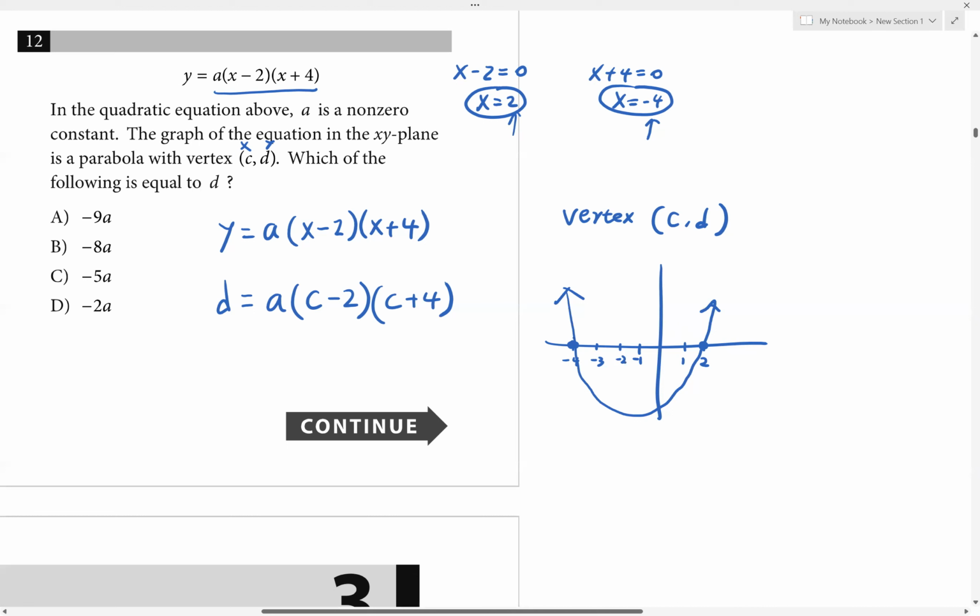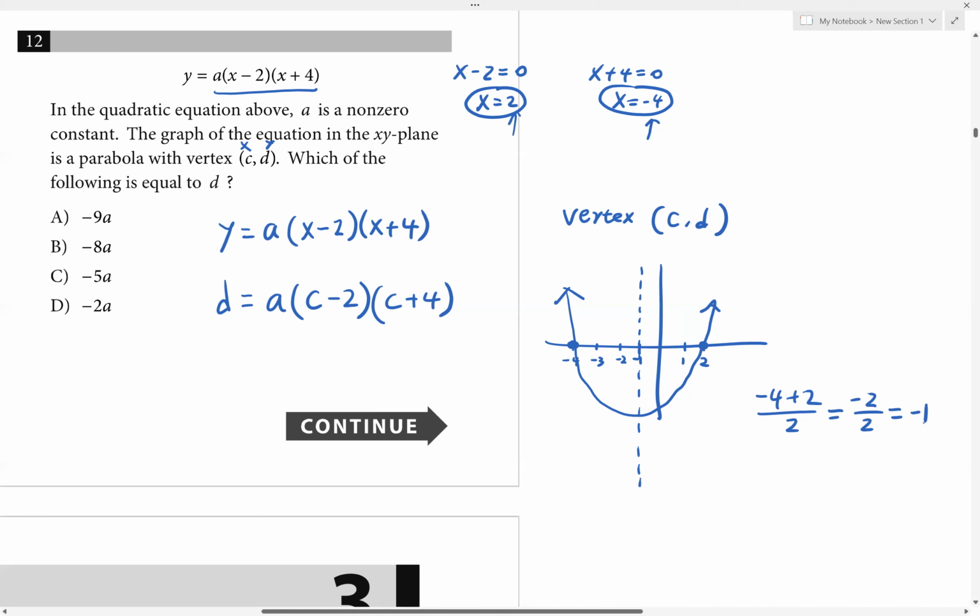We have -4 and 2 as our zeros. We know the line of symmetry should be at -1, because -1 is halfway between -4 and 2, 3 units away on each side. You can also add -4 plus 2 and divide by 2, averaging the two numbers, which gives -2 over 2, that's -1.